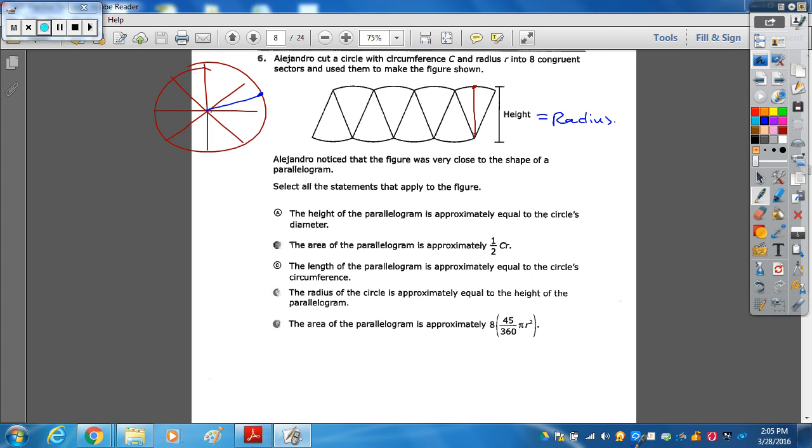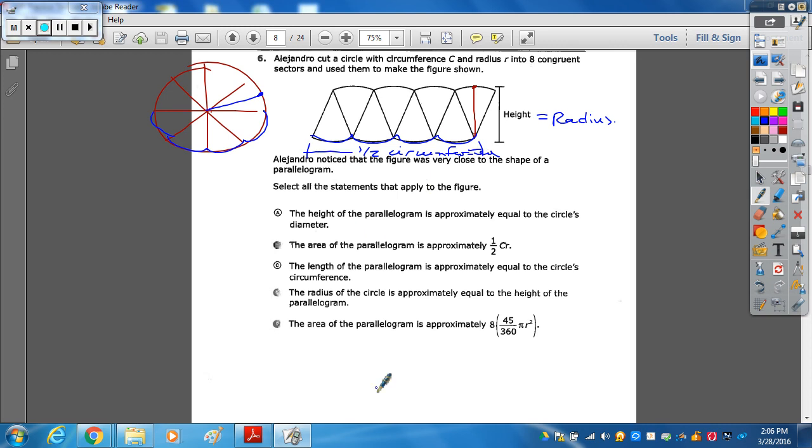This length right here, 1, 2, 3, 4 humps. 1, 2, 3, 4 humps. That's a half distance around the circle. So this is actually 1/2 the circumference of the circle, okay, to there.